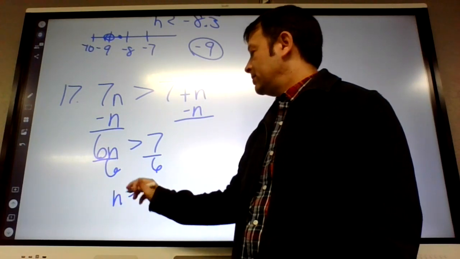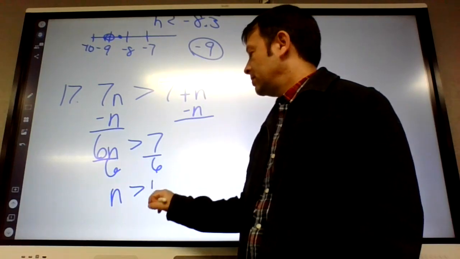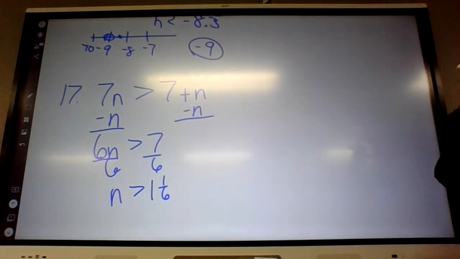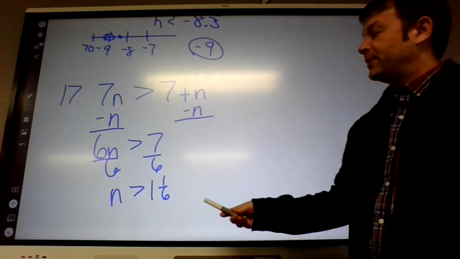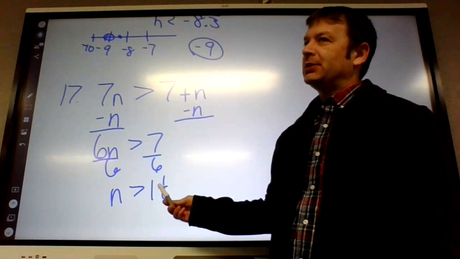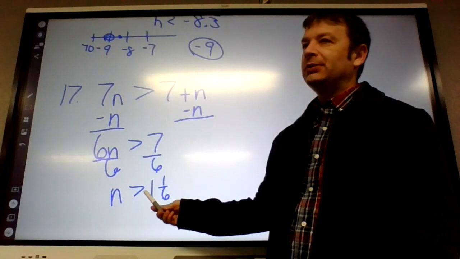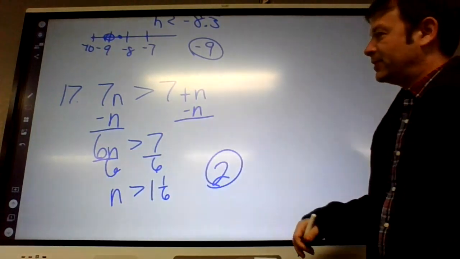I changed it to a mixed number because the question is, what's the smallest integer that would work for this? What's the smallest integer that's greater than 1 and 1/6? Greater than, 2. So they actually wanted 2 for the final answer.